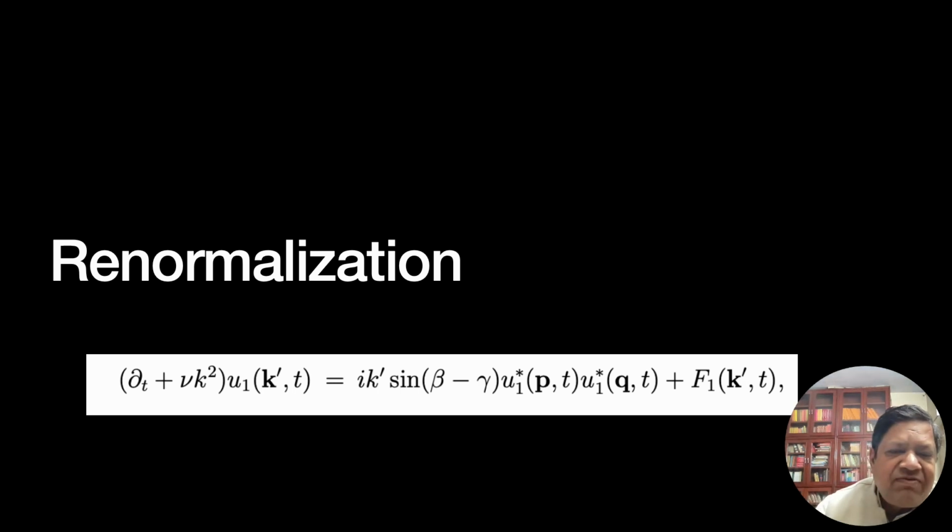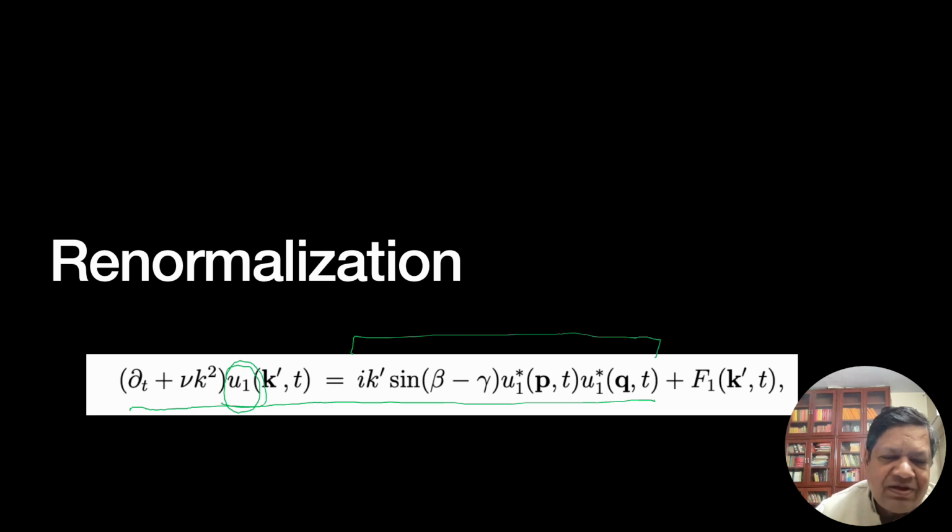So let's write down the equation for u1. This is the equation for u1, right? We derived it before, or I showed you how to derive it before. The right hand side is coming from the nonlinear term, and this is the viscosity. I'm going to say that the viscosities for u1 and u2 are not equal. In fact, we showed that they are not equal.